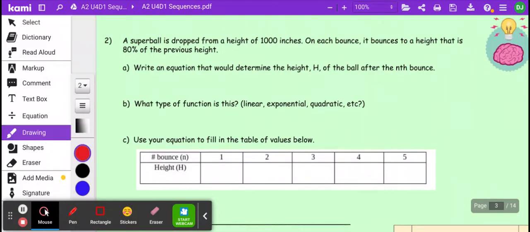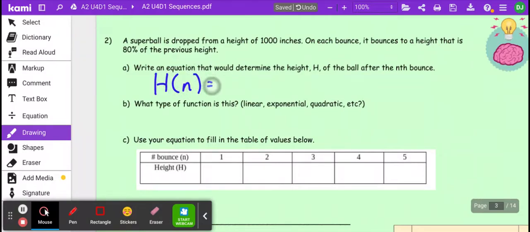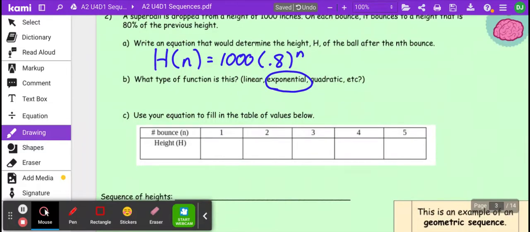Hopefully you said, again in function notation, h of n, and hopefully you were thinking exponential function. Again, exponential function, y equals ab to the x. And then when filling out your table down here, again, you could put this in your y1 and just get the table, or you can substitute and do it that way.